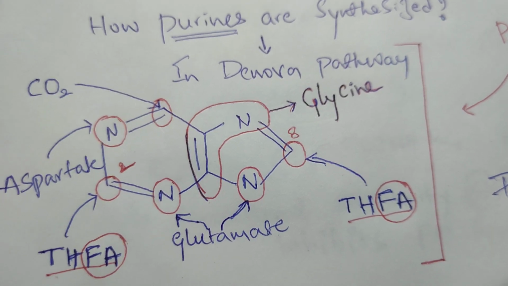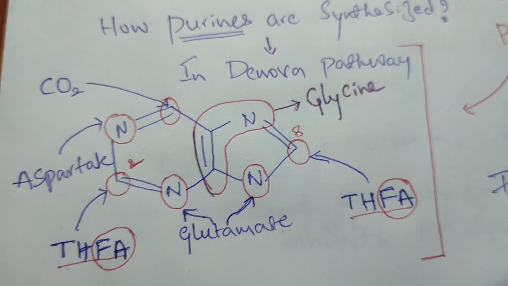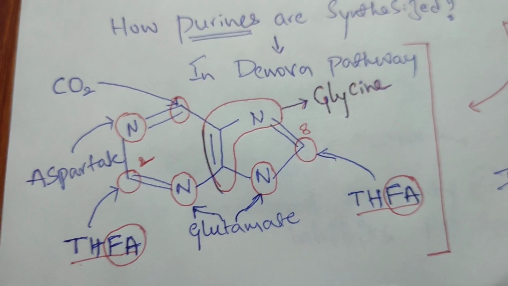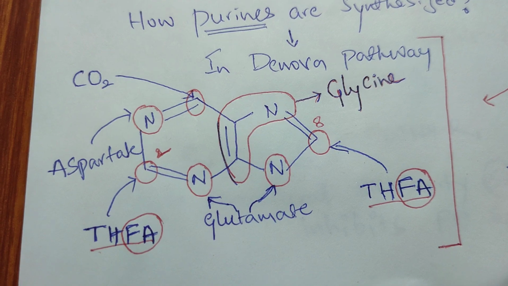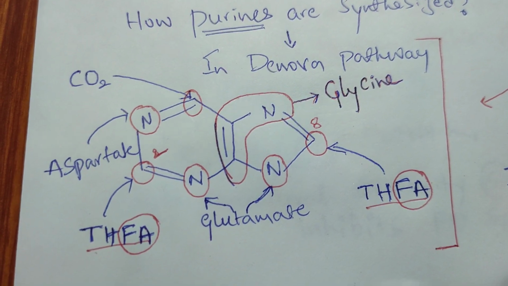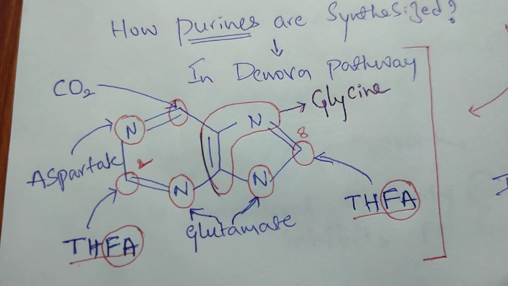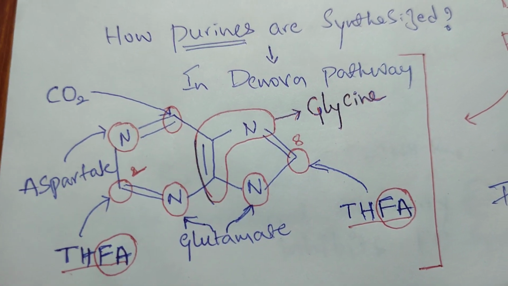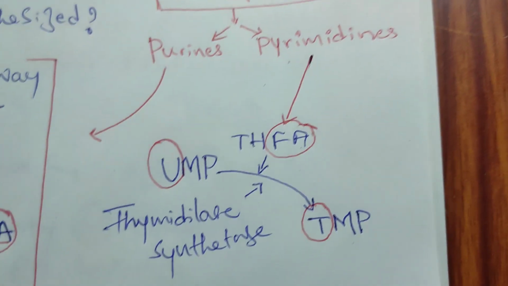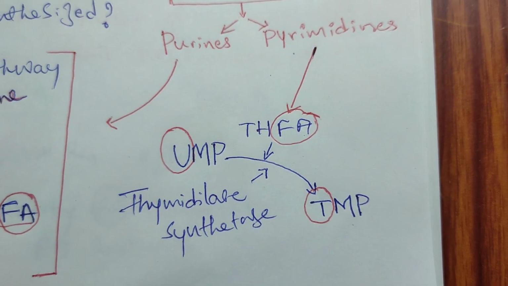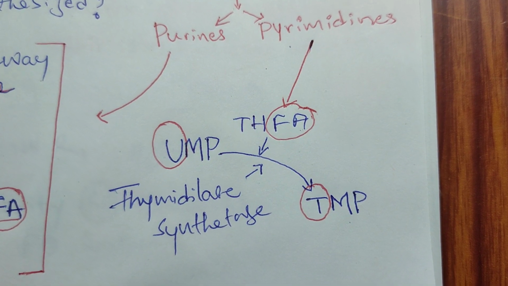Folic acid is basically inert. It is donated by tetrahydrofolic acid, meaning a modified version of folic acid is donating. So without folic acid, there can be no purine synthesis, no adenine, no guanine. If they are not there, then it is understood that there can be no DNA or RNA in the cell. Okay, right. Let us come to the pyrimidine section. One of the pyrimidines is uridyl monophosphate, which is present in the RNA.